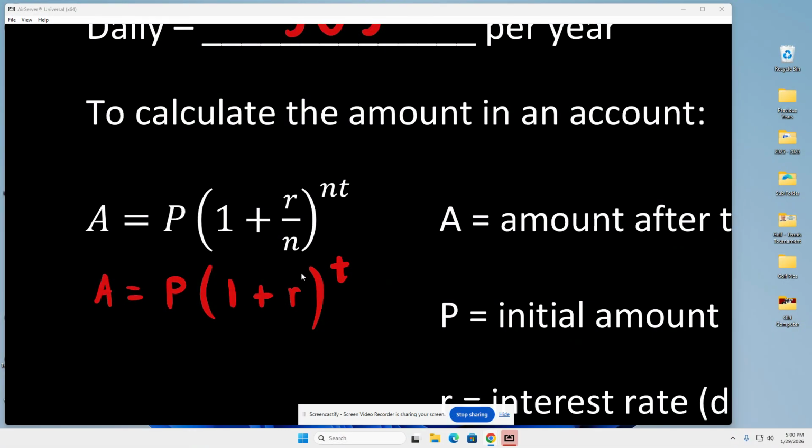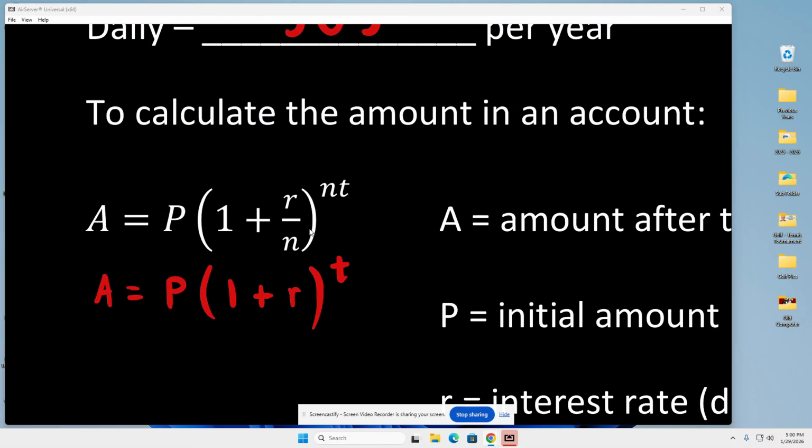Do you see the difference? Here, you're dividing by N, so you're taking that R and dividing by N, but then you're going to multiply T in this exponent spot by that same value of N. So guys, literally whatever goes here has to go there. Do you see this? And then you're going to utilize your calculator.